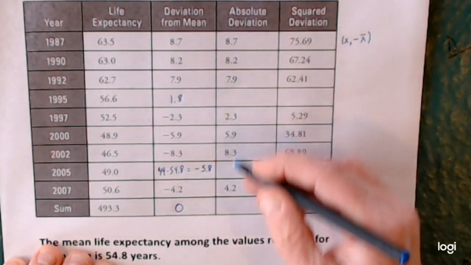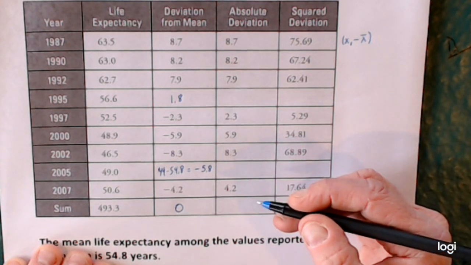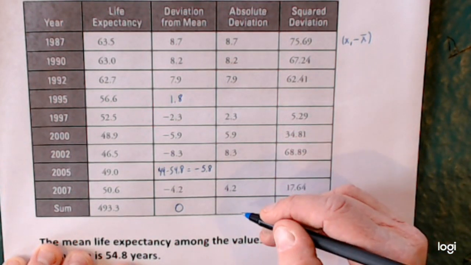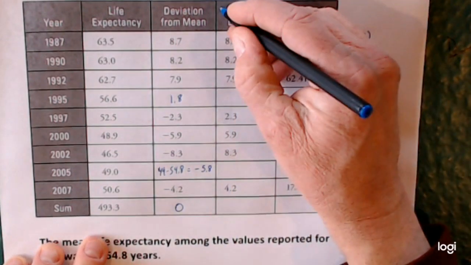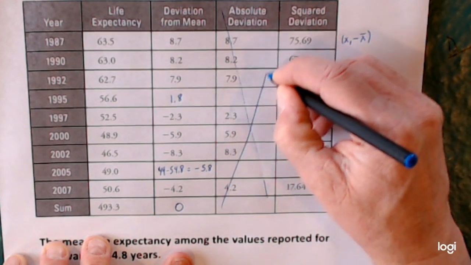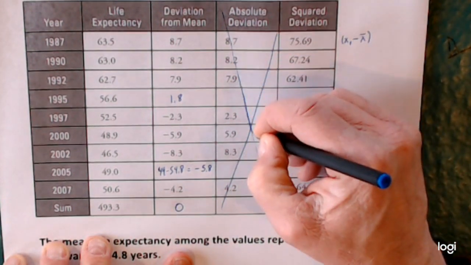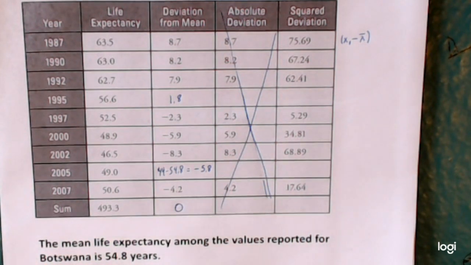And then we could take the average of those, and that would be a way we could measure how spread out our data set is. And that would be our mean absolute deviation. We're not going to care about that. The mean absolute deviation is a very natural thing to consider, but it turns out not to be as mathematically useful as the standard deviation, so we're not going to do that.